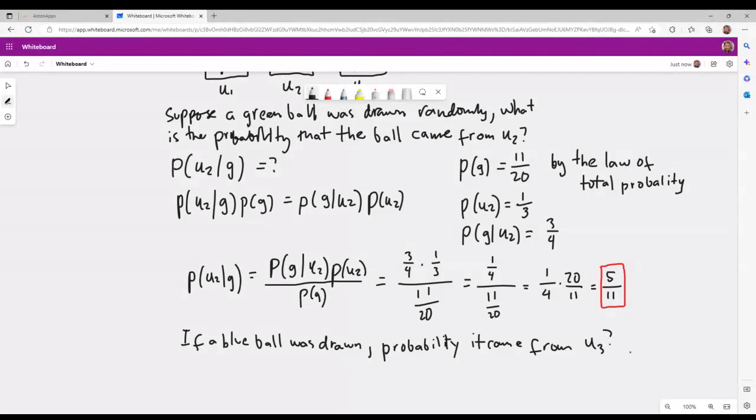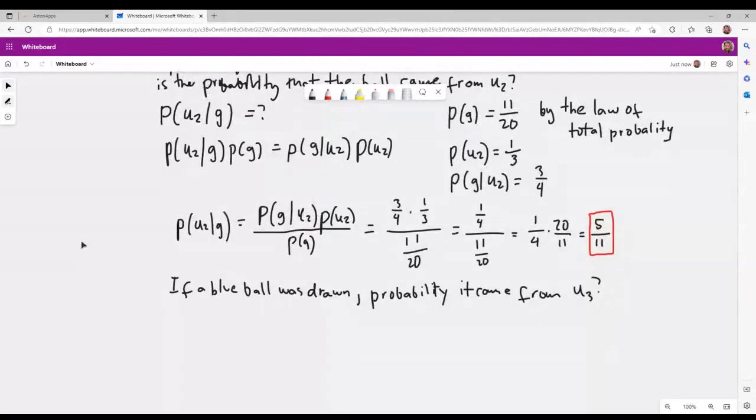To answer this question, we will have to evaluate or determine the probability of U3 given the event that the ball randomly drawn was a blue ball.